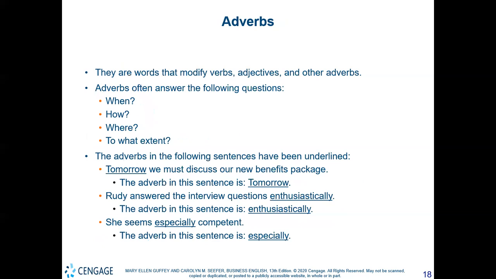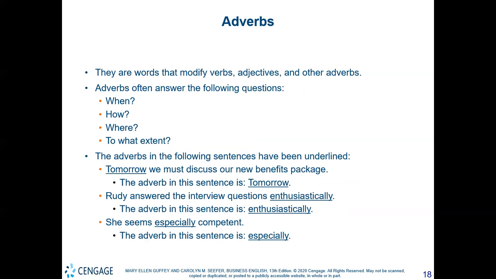Adverbs are words that modify verbs, adjectives, and other adverbs. Adverbs often answer the following questions: when, how, where, to what extent. The adverbs in the following sentences have been underlined. Tomorrow, we must discuss our new benefits package.